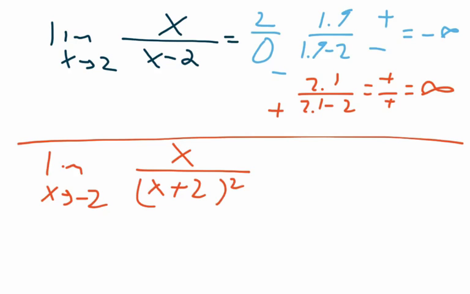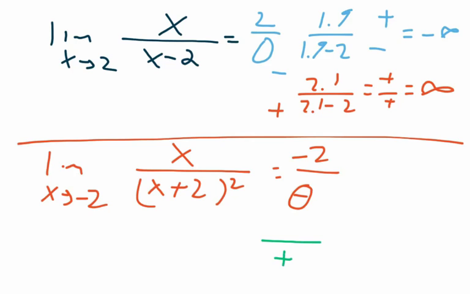If we try another one, like the limit as x approaches negative 2 of x over x plus 2 squared, the bottom is 0 and the top is negative 2, so once again we get our asymptote.